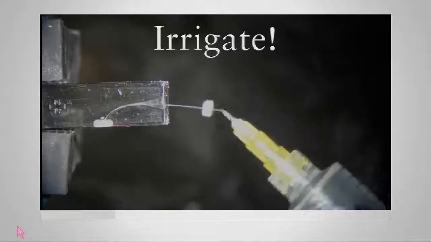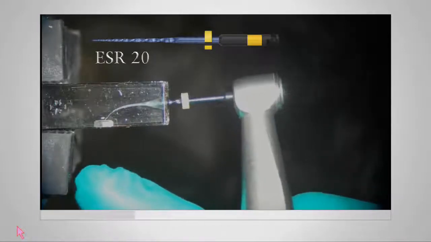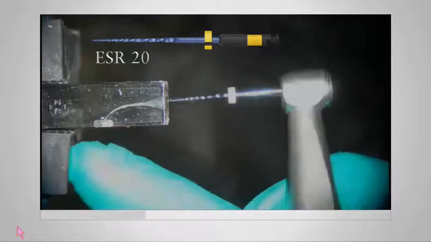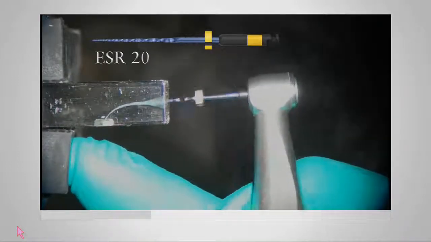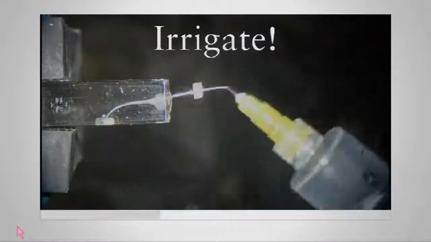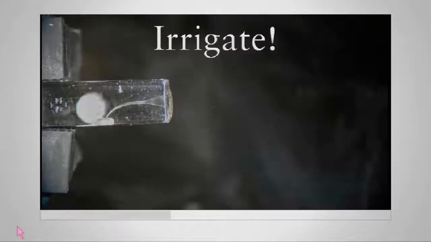What I prefer to irrigate with during this process, you could use EDTA or any solution that you prefer. I use this solution called Canal Clean by Brasseler USA that also contains some EDTA, a lower concentration of EDTA, with some surfactants as well as a disinfectant and a sanitizer.